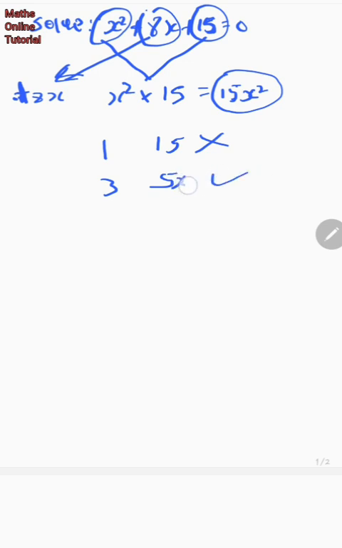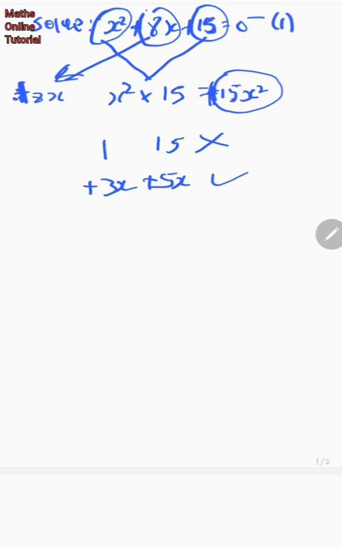Then we add the letters, which are x. Since the signs are all plus, we have plus plus. The next thing to do is to rewrite this equation. We remove the 8x and insert 3x and 5x.